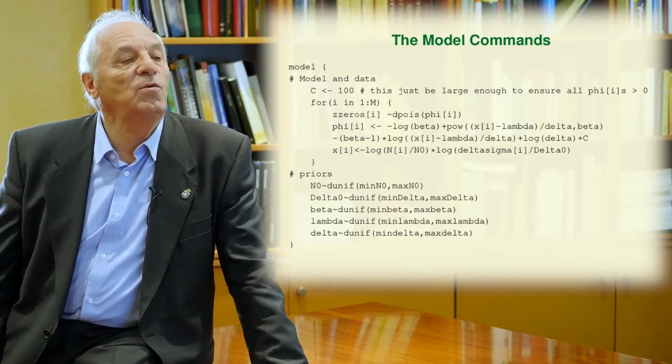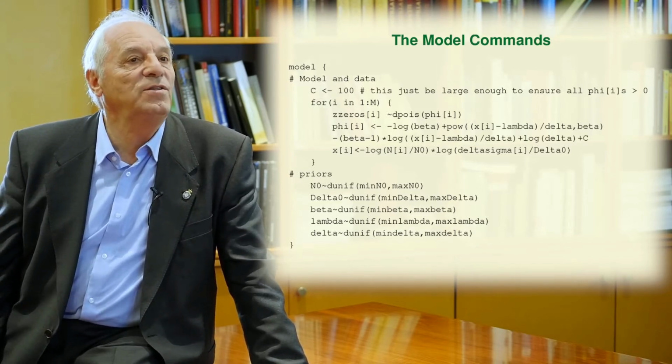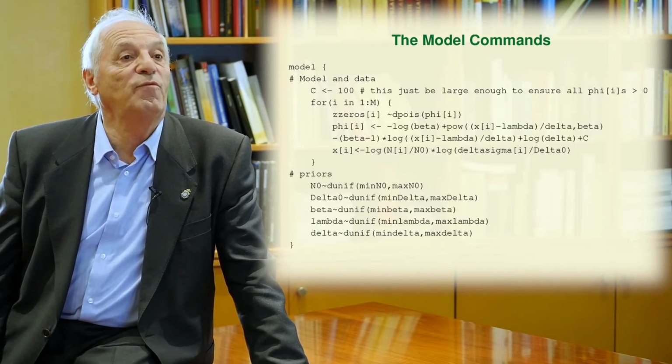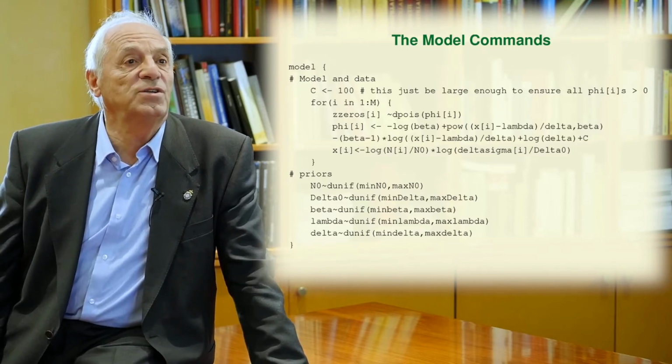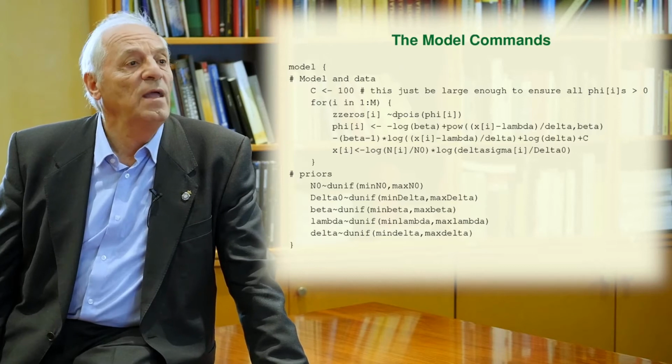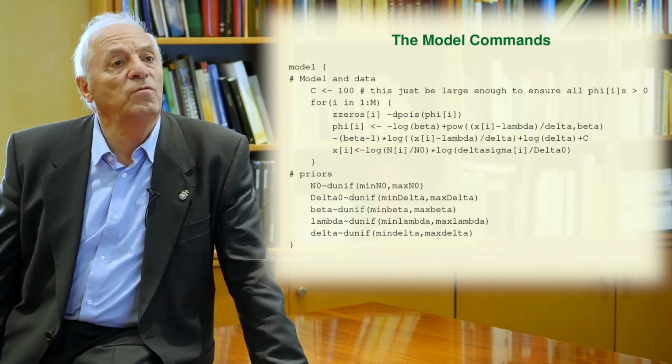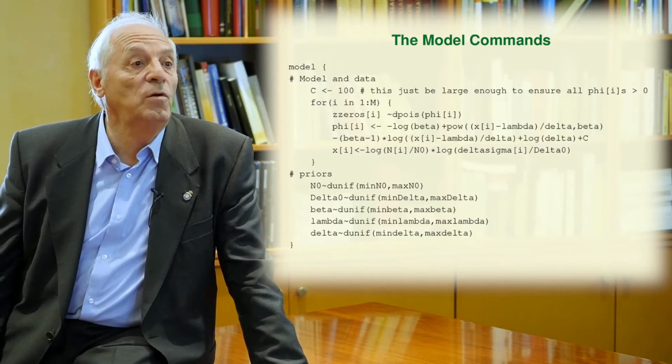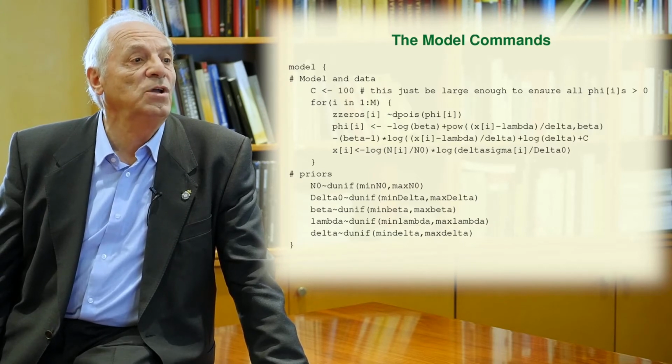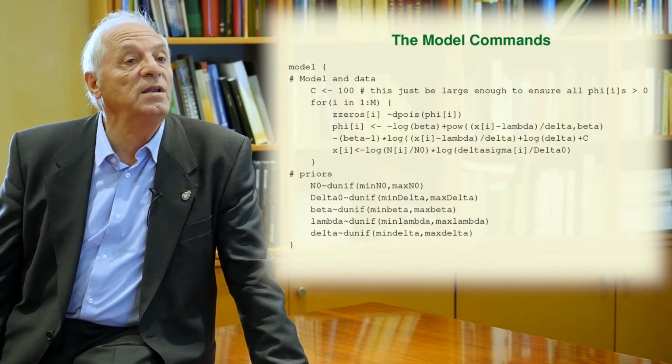This is the way of simulating the Weibull distribution, and you can do the same for any other distribution that is not included in the OpenBUGS software. Unfortunately, OpenBUGS includes as default only a few distributions, so this is a very interesting aid to simulate any distribution.